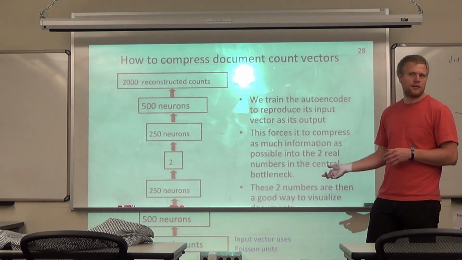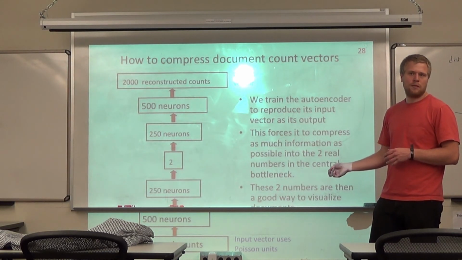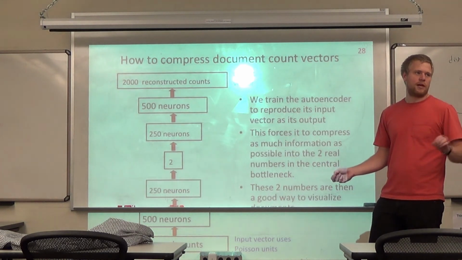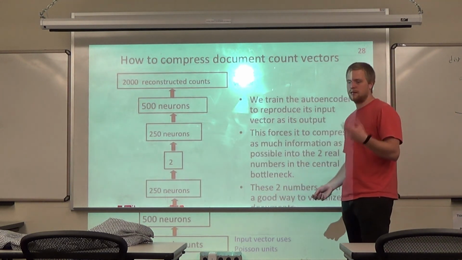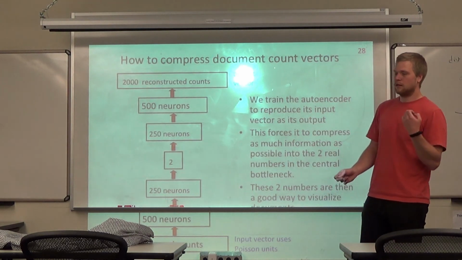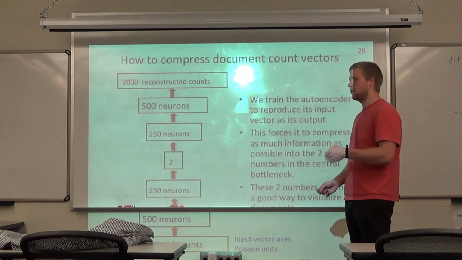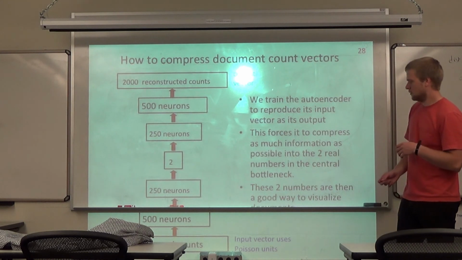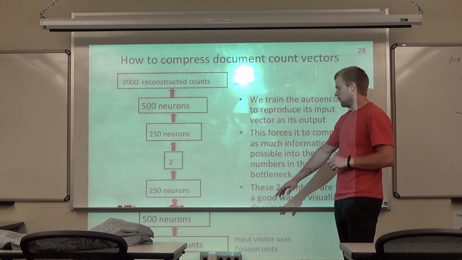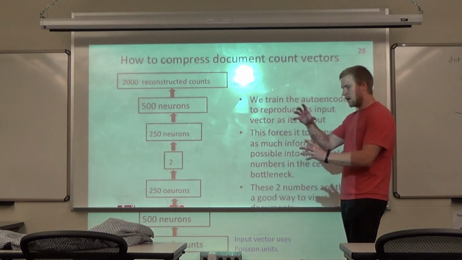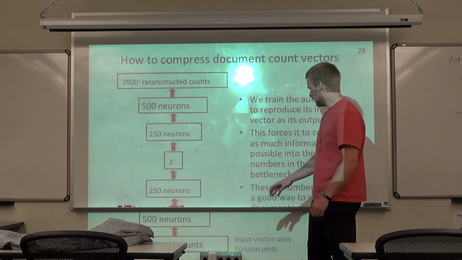Does everyone understand how that's done? I don't know if we talked about that in class. Basically, every element in the vector corresponds to a word, and the value of the element is the number of times that word appeared in a given document.